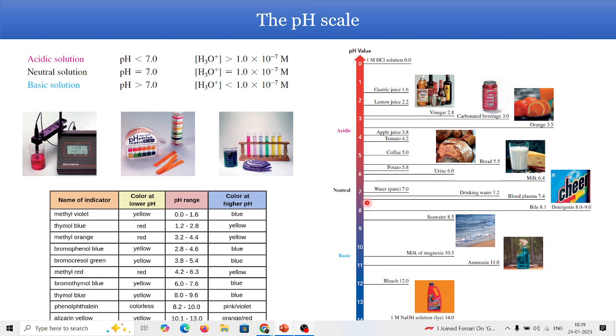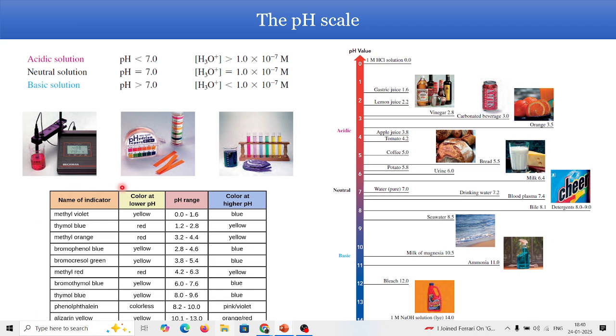Okay, so on a pH scale, to understand whether the solution is acidic or basic, we use indicators. These indicators can be of many types depending on the range of pH that they can detect. If we want to detect a solution that has a pH range of say 5 to 7, we are going to choose something like methyl red or bromothymol blue, and depending on the color at the lower pH or the higher pH, we can tell whether the particular solution is acidic or basic in nature.